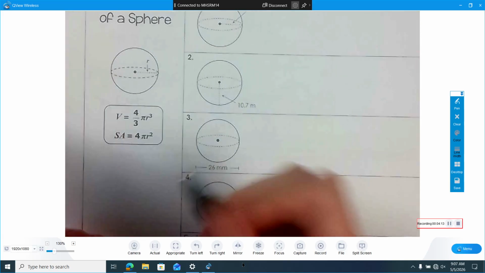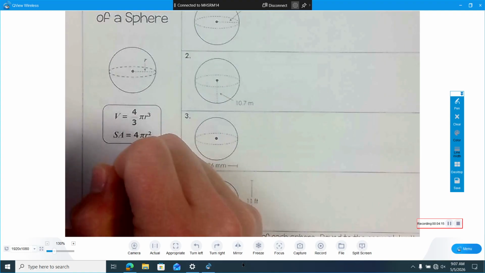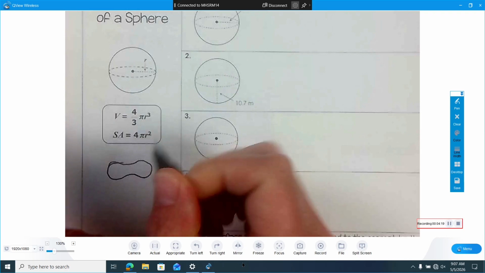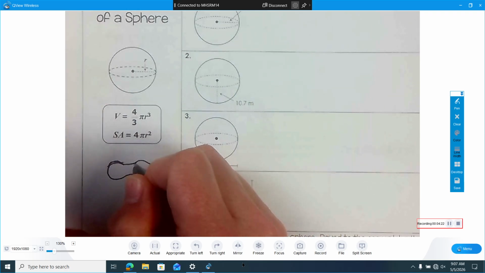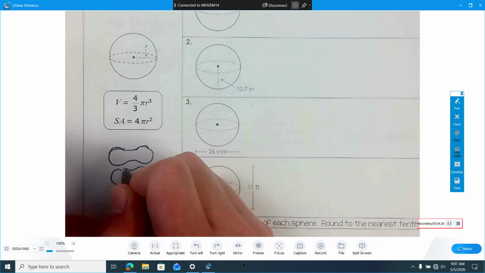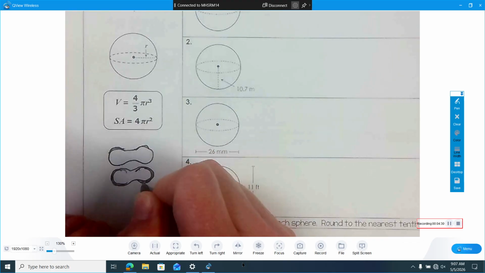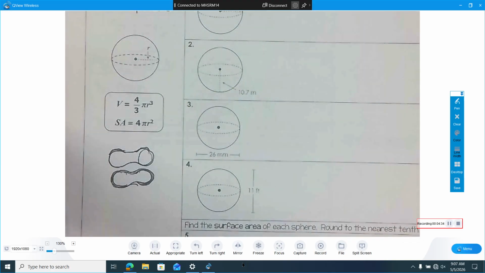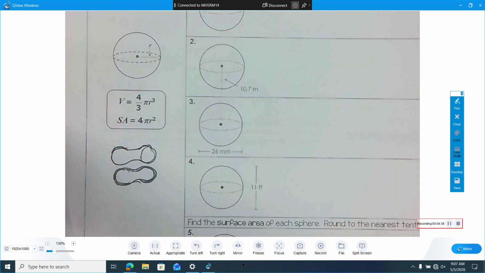I meant to copy it in here, but it's sort of like that. They're sort of circular in shape. There's two of these. It's really hard to draw, and I should have copied the picture in, but I didn't. I apologize.